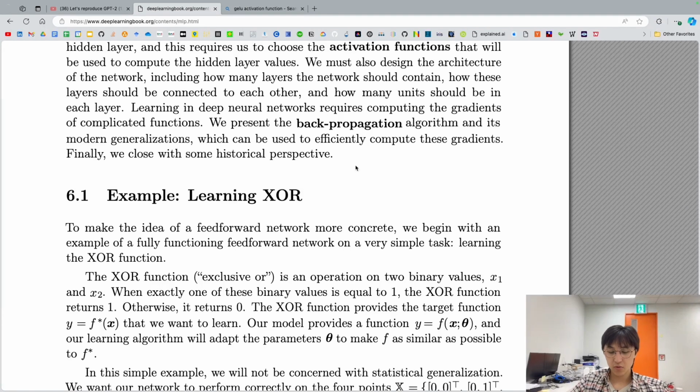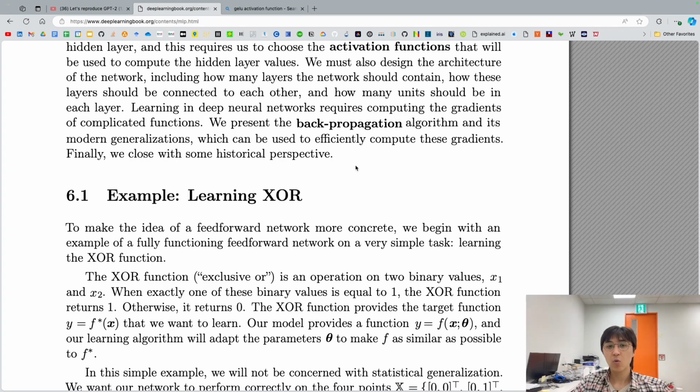And I want to tell you that feedforward networks are the first deep learning networks, and they introduced many new concepts. One concept is backpropagation, another is the activation function.